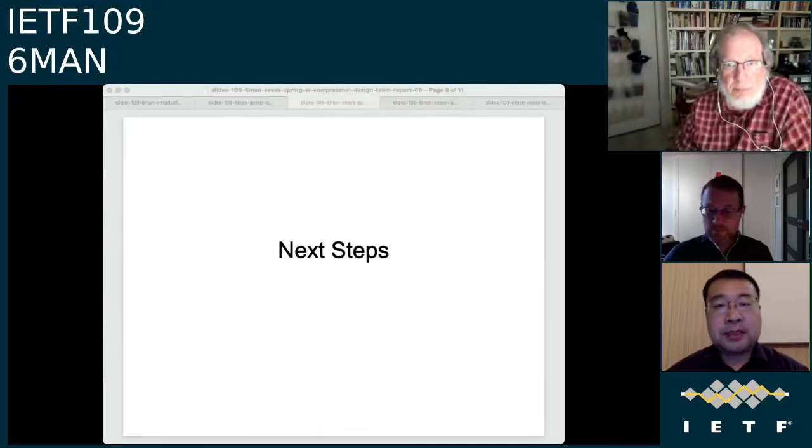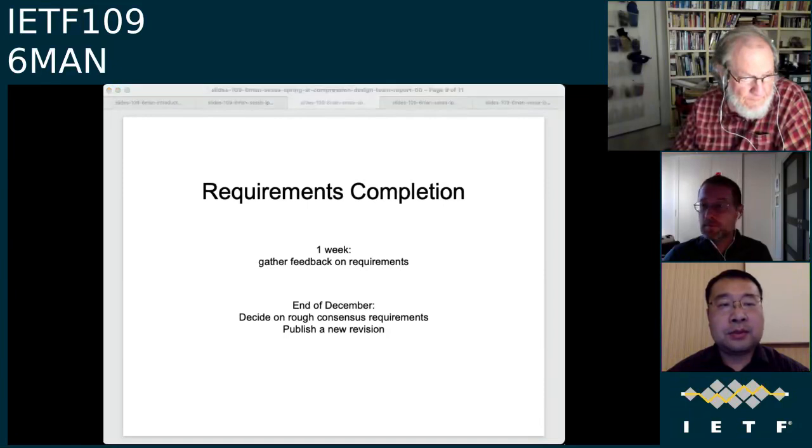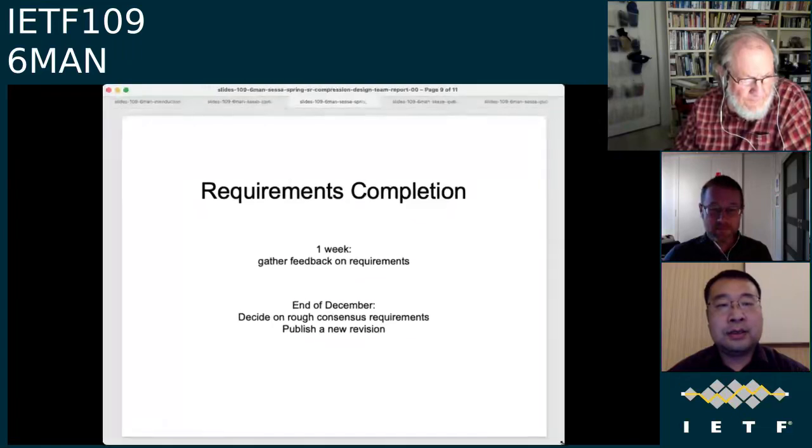Let's see some next step plans. Next page. Okay, so for the requirements draft, we hope to finish it soon. We hope to gather the comments from the working group in the next 1 or 2 weeks.